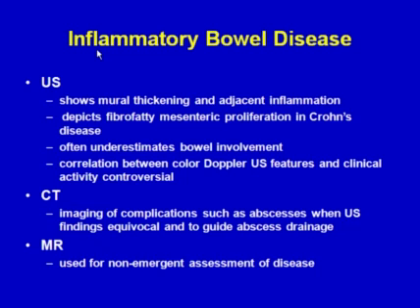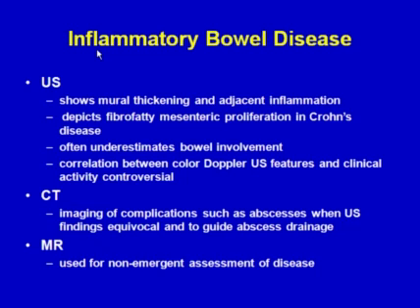However, the concern has always been that it may underestimate bowel involvement. It really takes a dedicated examiner and time to do a comprehensive examination of the abdomen looking for bowel involvement. And there is some controversy as to the correlation between color Doppler features and clinical activity.